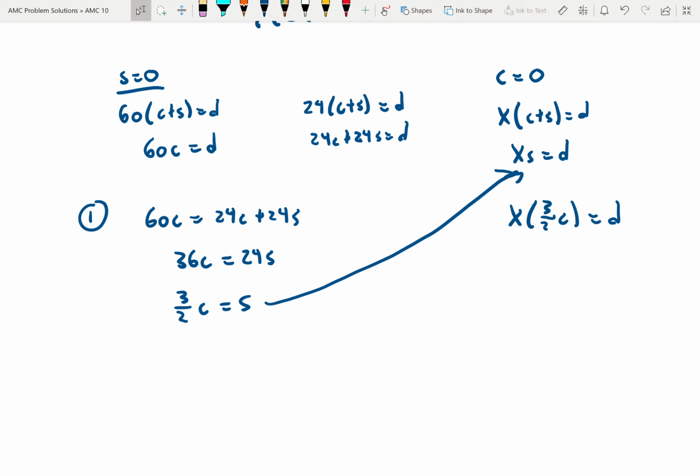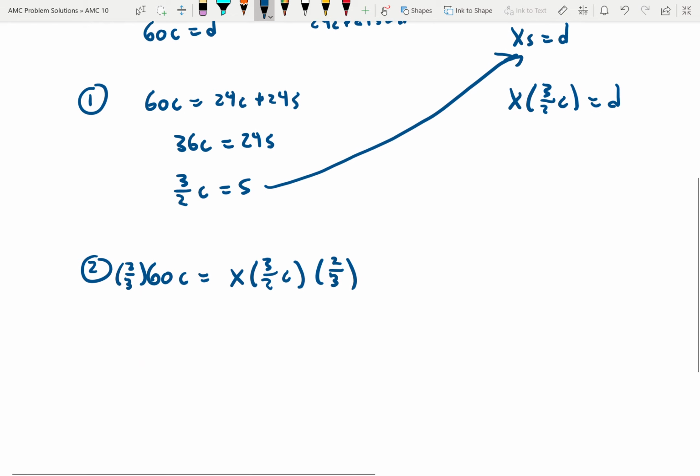Now I'm just going to set 60c equal to x times 3/2 c. And I'll multiply both sides by 2/3. What that'll look like is we get 40c is equal to xc.